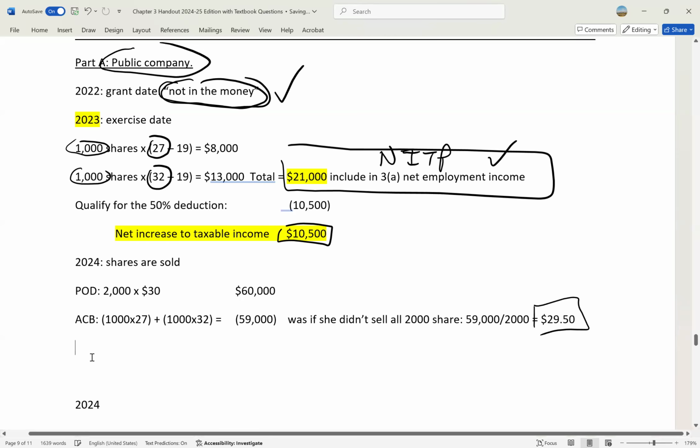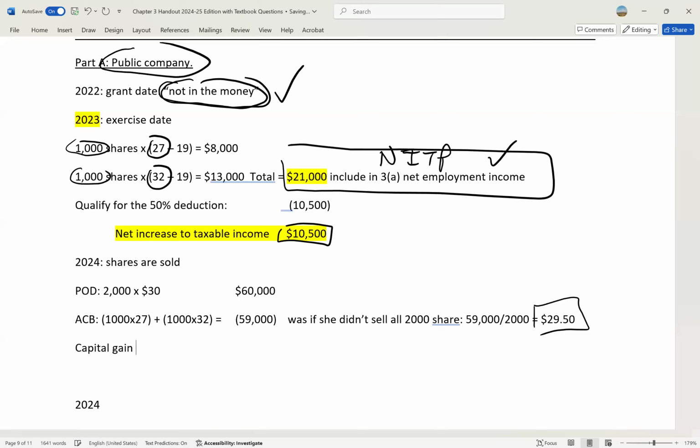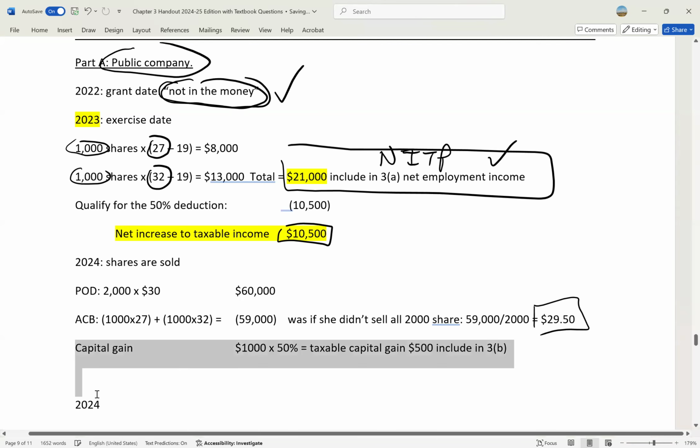And so her capital gain is going to be 1,000. Multiply that by 50%, so her taxable capital gain will be 500. And that's the amount she will include in 3B when calculating net income for tax purposes.